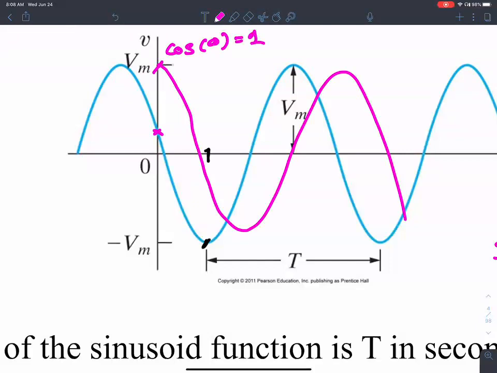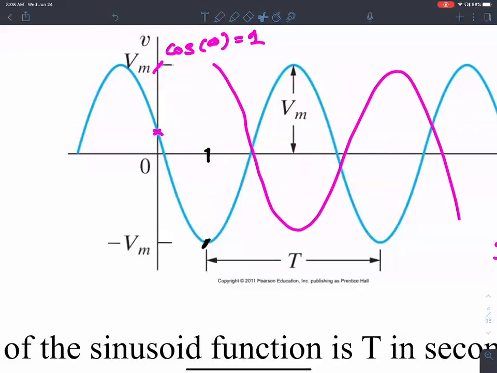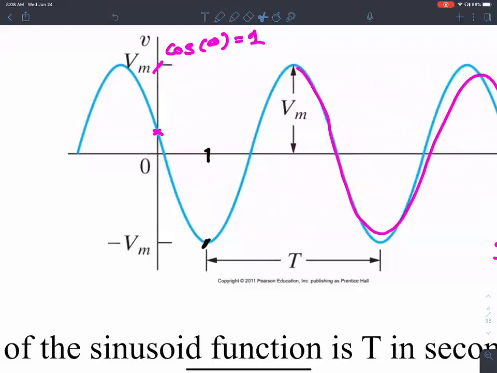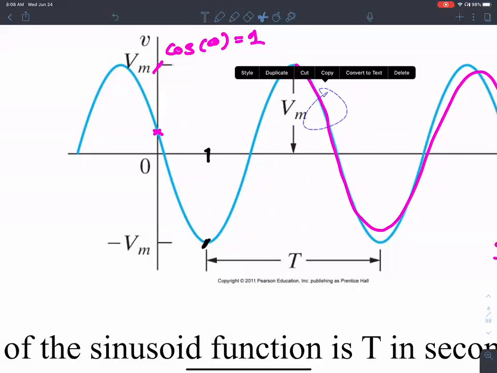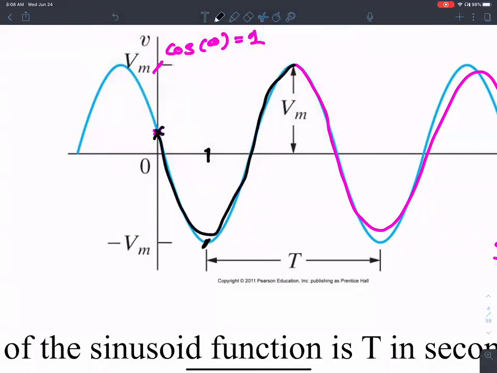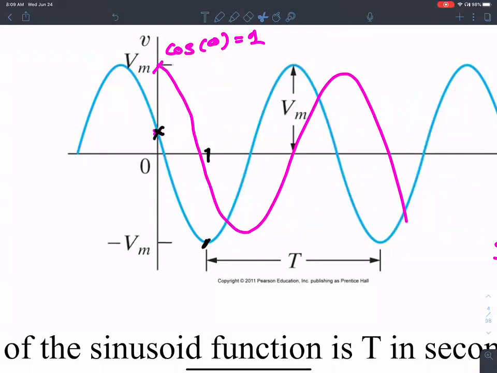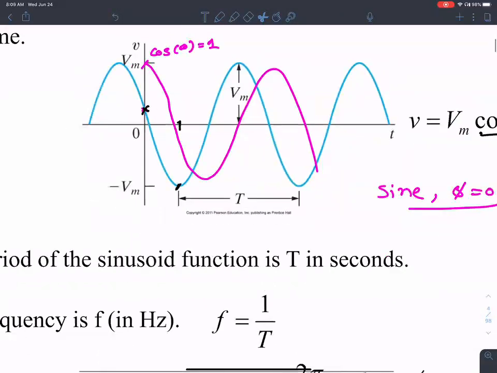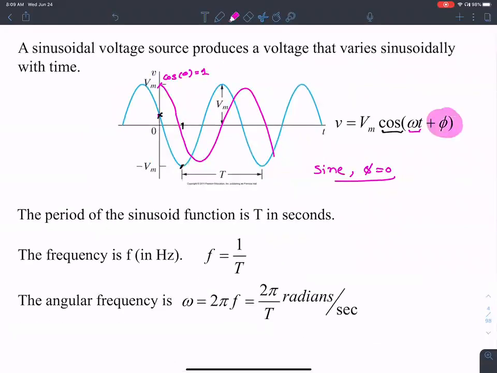But as you can see, the blue wave is offset by a certain amount at the origin, at time 0, and that represents the phase. What's the offset?